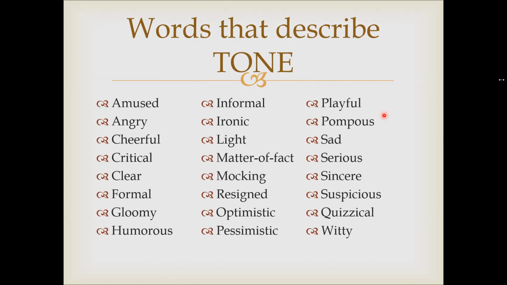Critical means that you have everything bad to say, or you dissect something piece by piece. Clear means that the person is straightforward in what they say. Formal is the opposite of informal, which means they don't use dialect or anything. They use standard English.